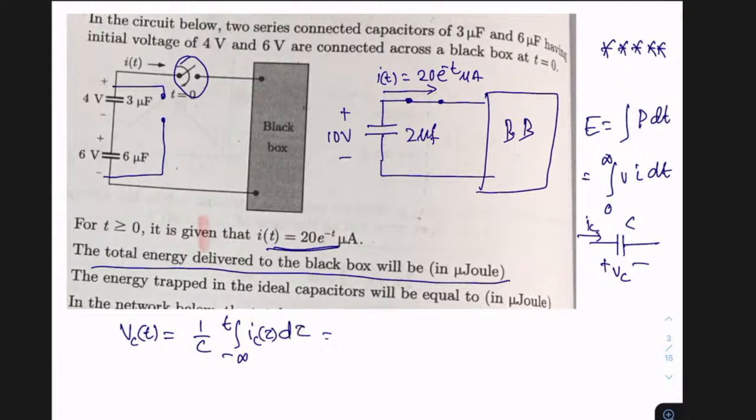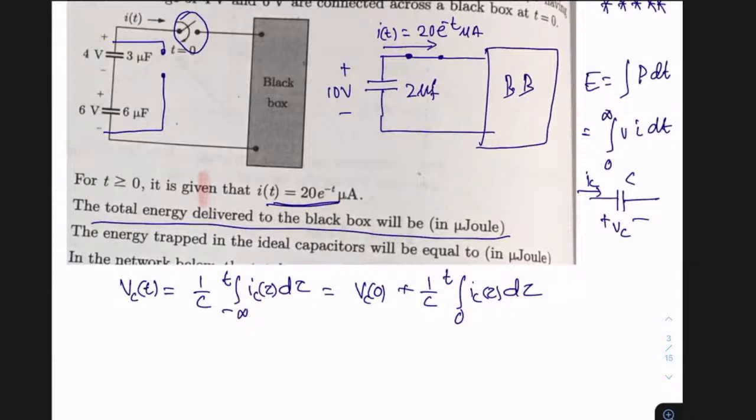This is equivalent to VC(0), the initial voltage of the capacitor, plus 1 by C integration from 0 to t of IC(tau) d tau. This is the technique.